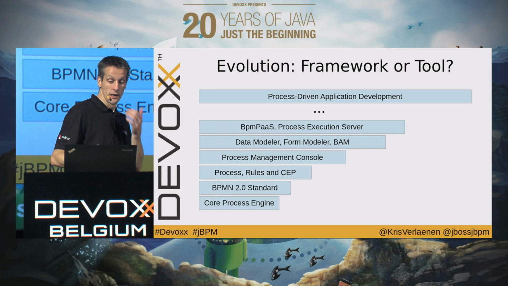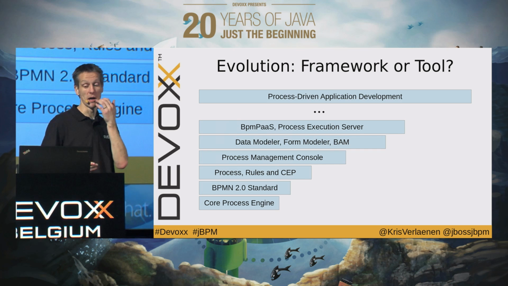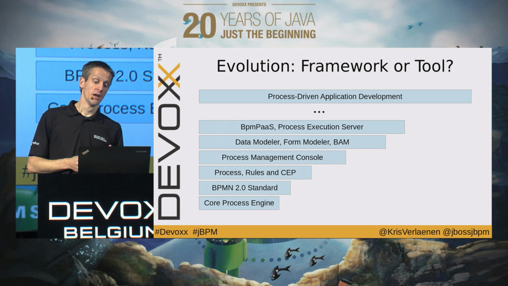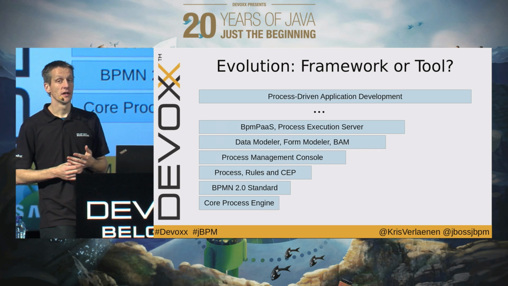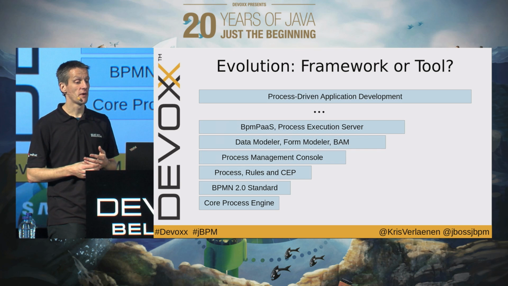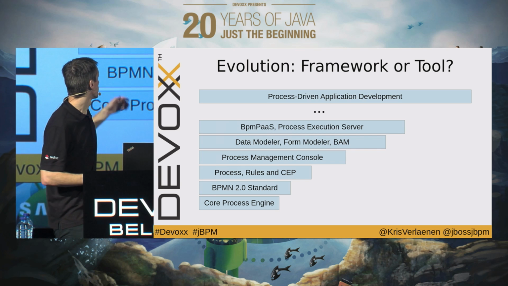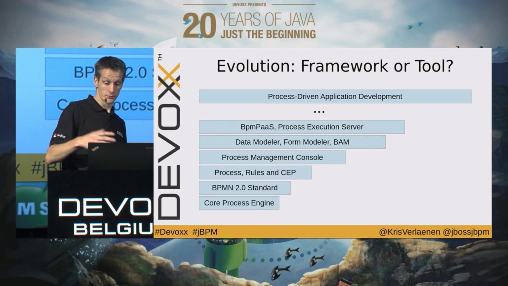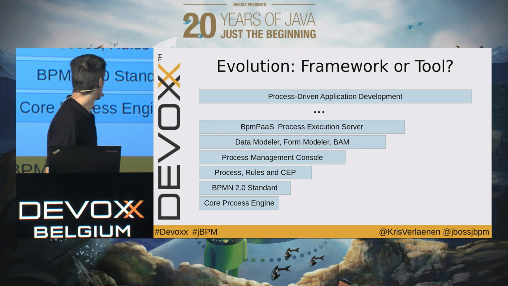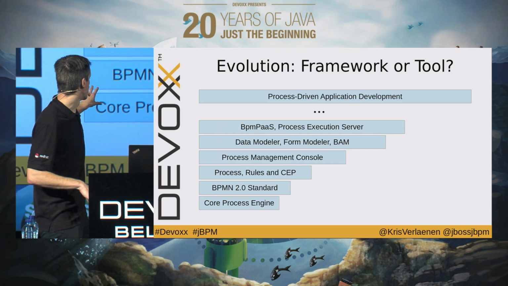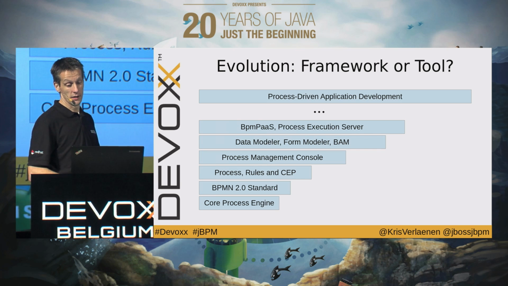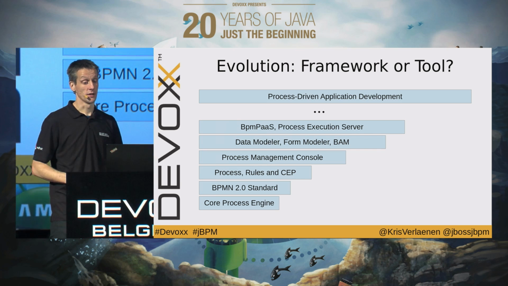On top of that, then the cloud came. That kind of changed, or is still changing, the way we deploy applications and the scale we deploy them at. So then concepts like BPM PaaS and a process execution server. Because the core engine at the beginning is a simple Java POJO. You can embed it in your application and talk to it directly.